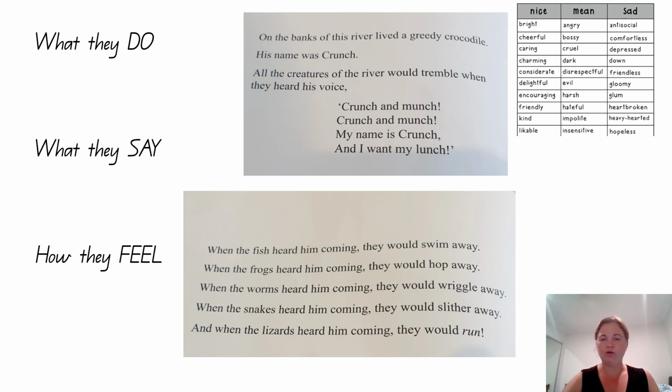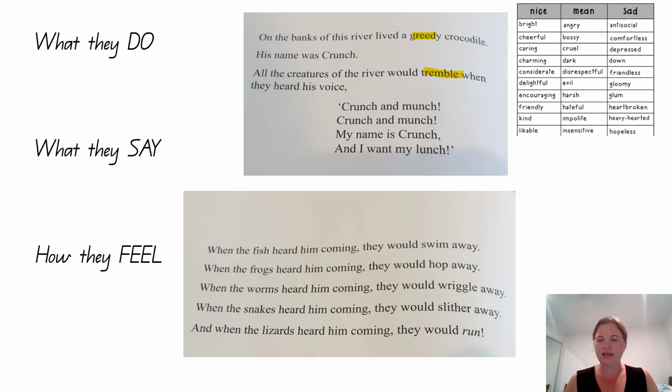I can see a couple of words there that I can think about, to think about what sort of character Crunch was in the story. I can see the word greedy. He was a greedy crocodile. I can see the word tremble. All the other creatures would tremble when they heard his voice. I don't think that these are showing me that Crunch's character traits are nice at the beginning of the story.